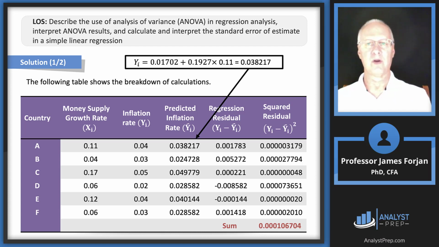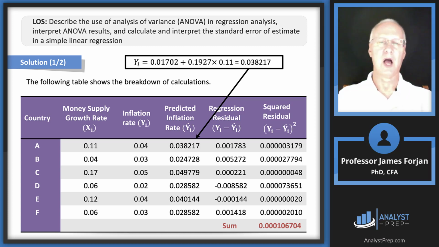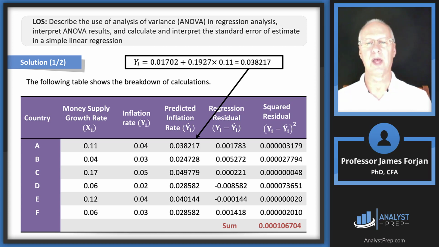So we take the regression equation, right? 1.7 plus 1927 times our independent variable of the money supply growth rate, which is X. So there's times the 11%, and that gets us the 0.38217. And if you want, you can go ahead and make sure that we've computed these correctly. Although we did this in Excel, so they're probably correct, going down the predicted inflation rate.